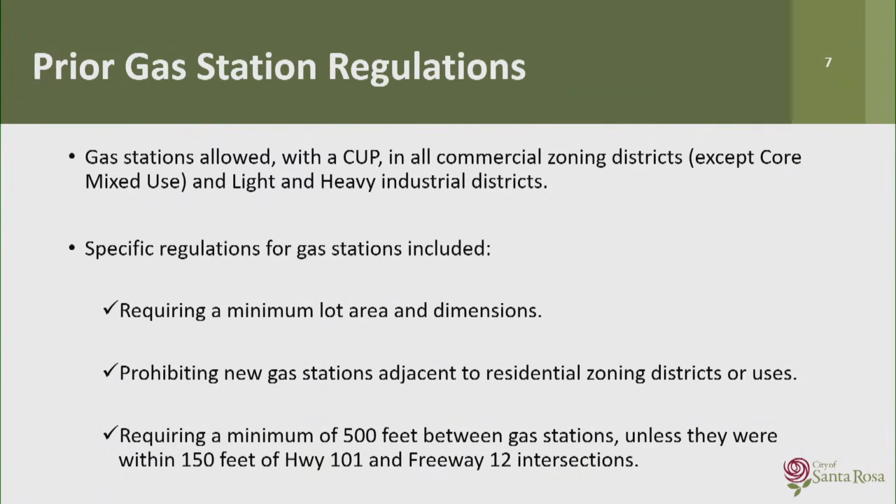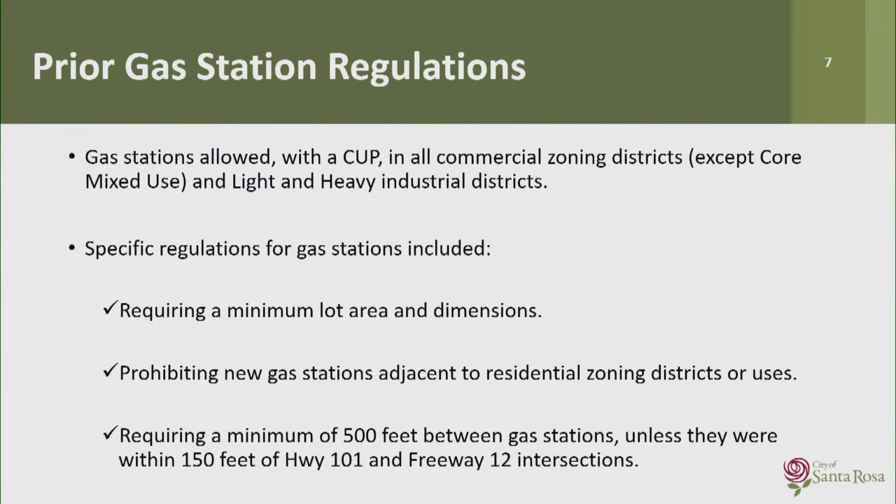So the prior gas station regulations, as the council will remember, included allowance for new gas stations as well as expansion and relocation of existing gas stations with the approval of a major conditional use permit in all of our commercial zoning districts, with the exception of our core mixed use, which is generally the downtown area, as well as our light and heavy industrial zoning districts.